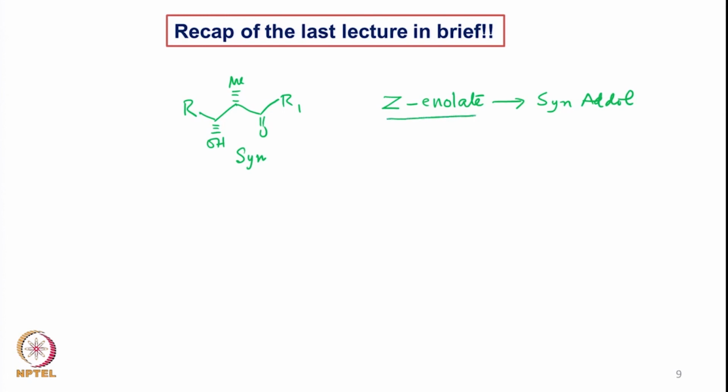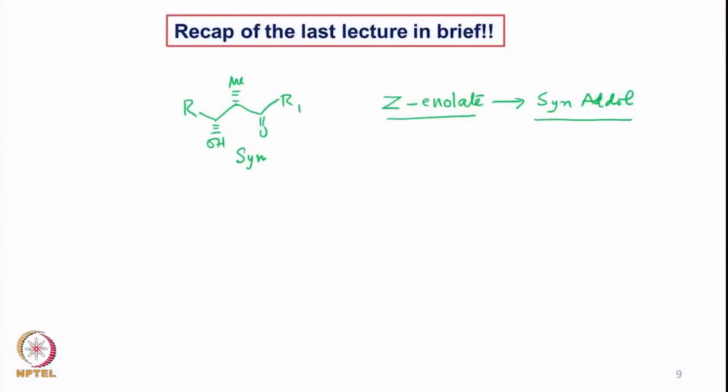Then we also looked at the various features that are needed for obtaining a Z-enolate, and we saw that the formation of the Z-enolate is much easier, and also the formation of the corresponding syn aldol from the Z-enolate is very much easy.